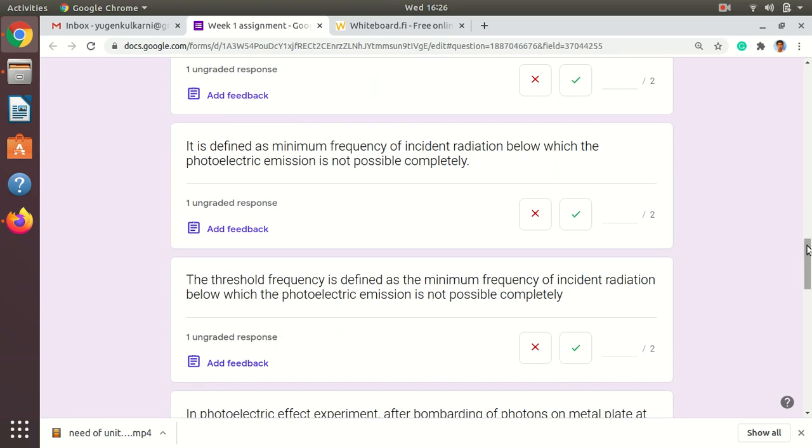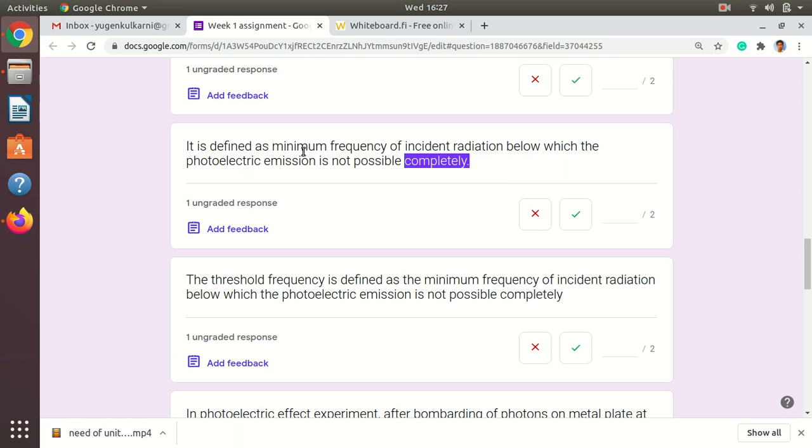Here it is defined as the minimum frequency of incident radiation below which photoelectric emission is not possible. Then there is the word completely. You should not write completely, it does not mean anything here. So up to not possible is the correct answer. That will give 2 marks.